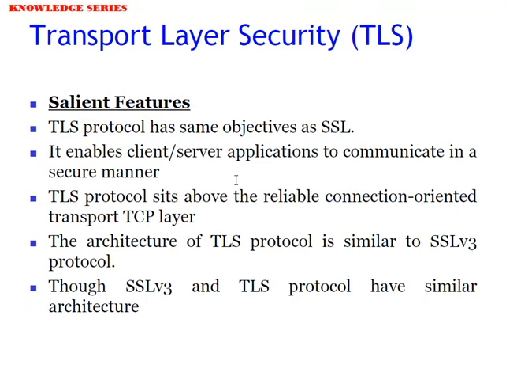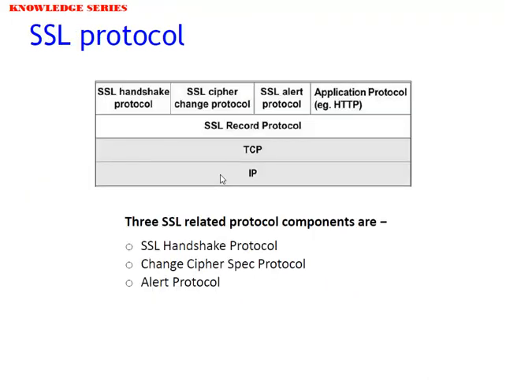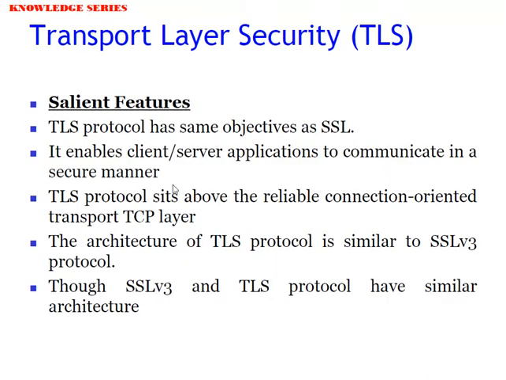Here it tries to enable the privacy, integrity and protection of the data in this particular protocol. And TLS, transport layer security, is a successor of SSL. Just like we talked about SSL, transport layer security is another form of security which is actually the successor of SSL.